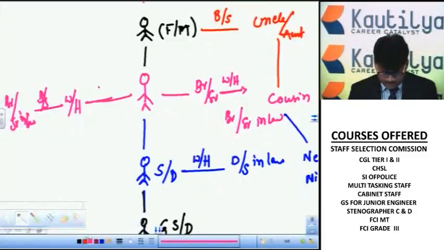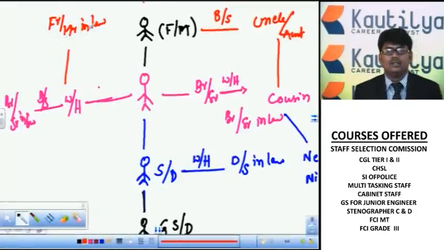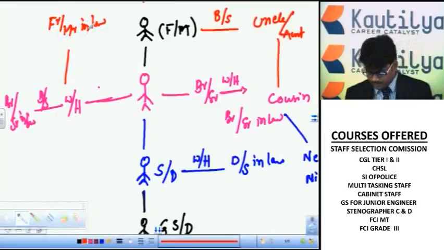These persons' parents are called father-in-law or mother-in-law. These are the relationship strategy.